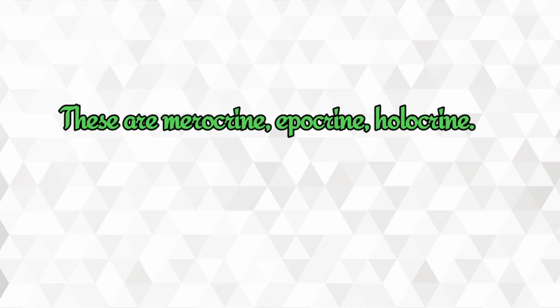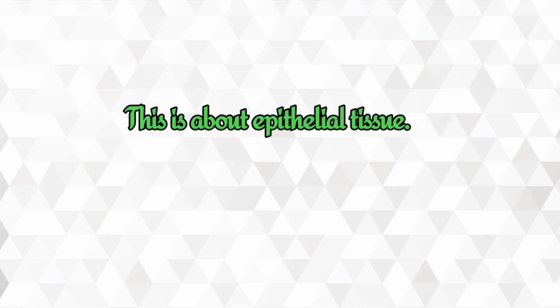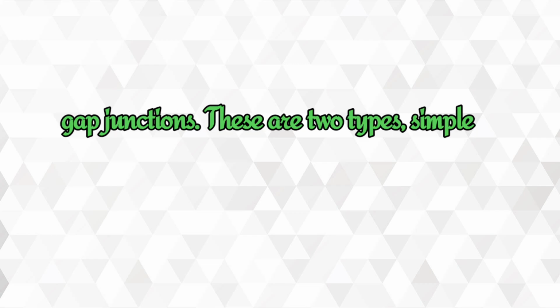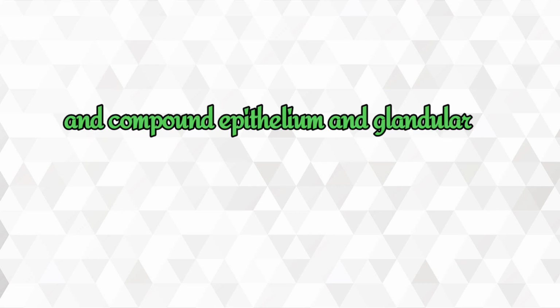These are merocrine, apocrine, holocrine. This is about epithelial tissue. Epithelial tissue contains tight junctions, desmosomes, gap junctions. These are of three types: simple epithelium, compound epithelium and glandular epithelium.